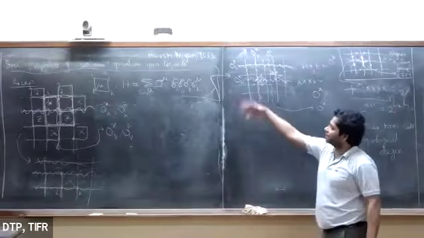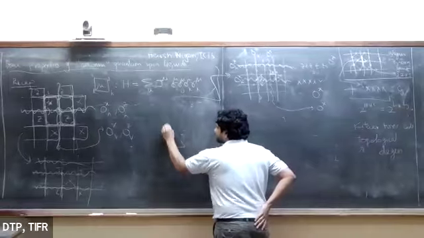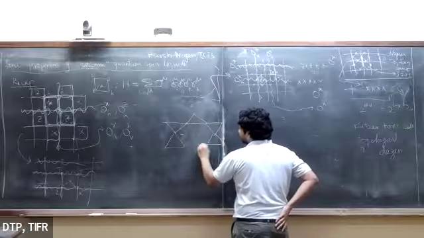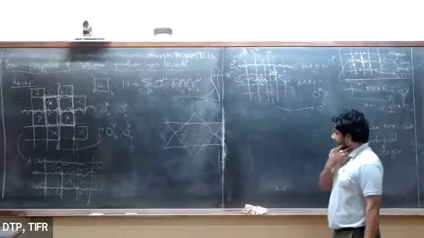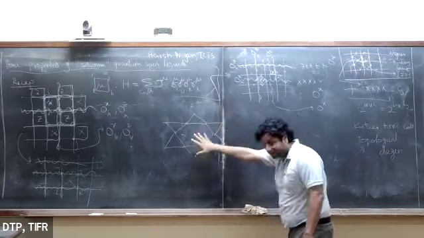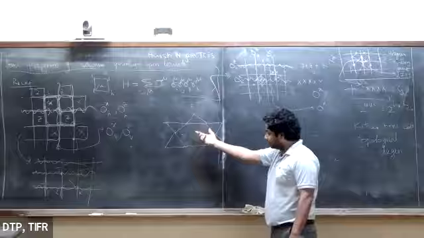So any non-bipartite lattice, you can play this game. But if you were to play the same game on a non-bipartite lattice that is edge sharing, Kagome is one of our favorite ones, where the answer turns out, you have the extensive degeneracy, you have topological degeneracy for a 3-spin version, and you have spin liquidity.